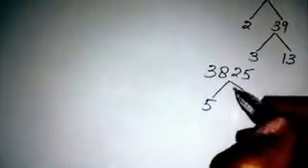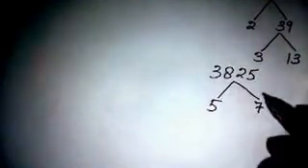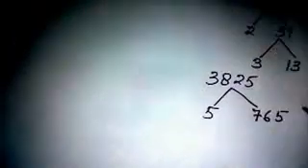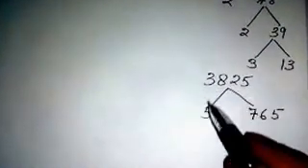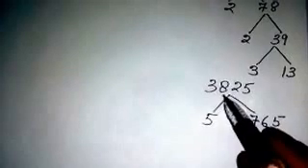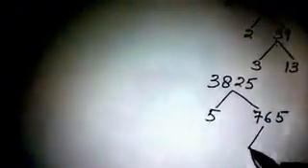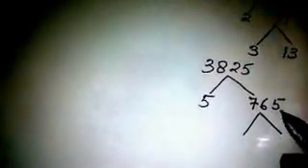When we divide by 5, 5 7s are 35, 5 6s are 30, and 5 5s are 25. Again it's divisible by 5 as it's ending with 5.